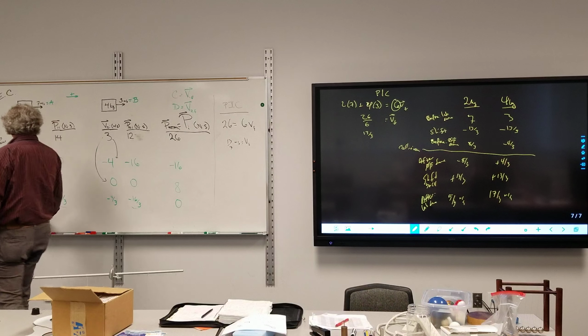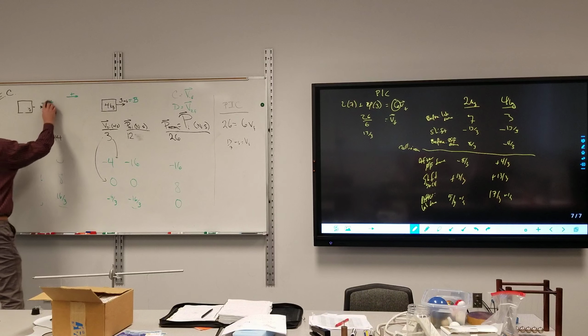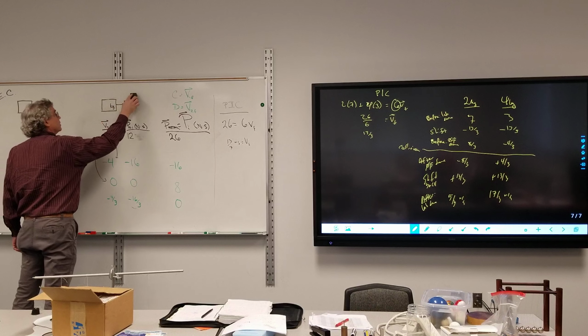Several choices here. This is all leading into zero momentum frame. So let's change that like that.